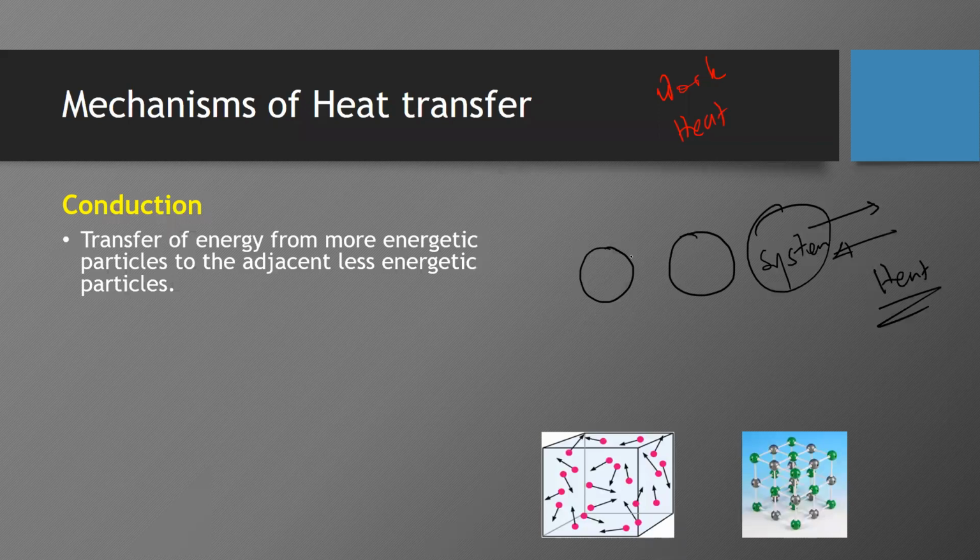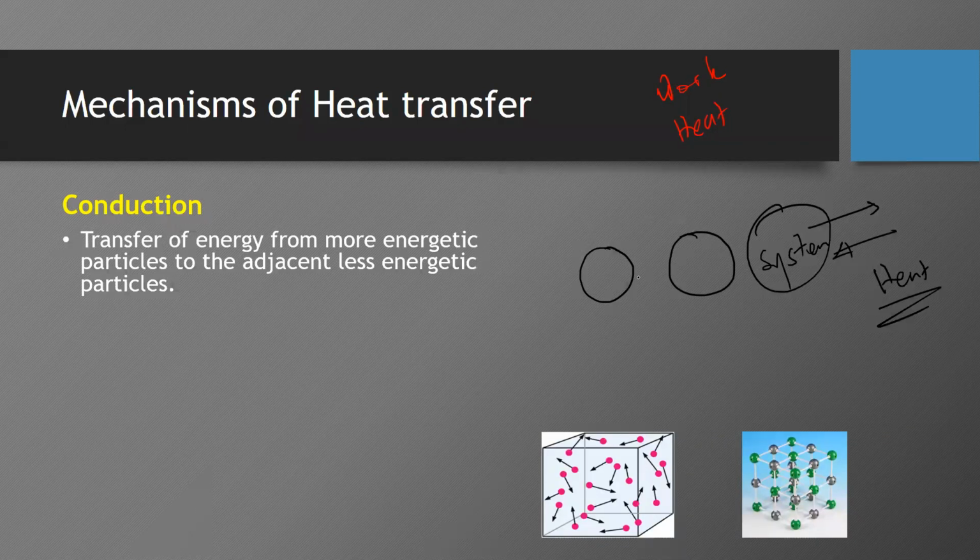More energetic particles mean, if we take a molecule, the molecule will have an internal energy, isn't it? Due to the electrons' motion and its own motion and vibration, it is going to have an energy.